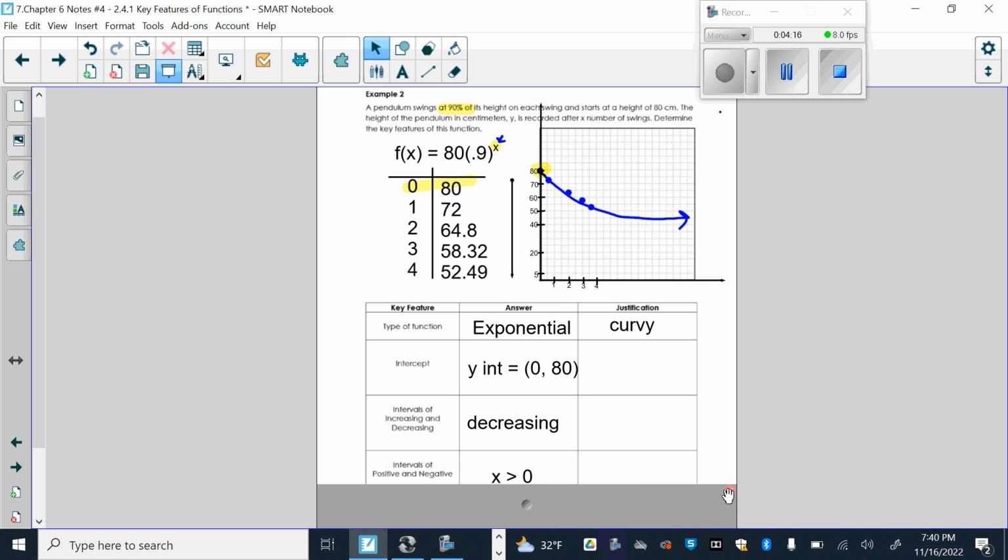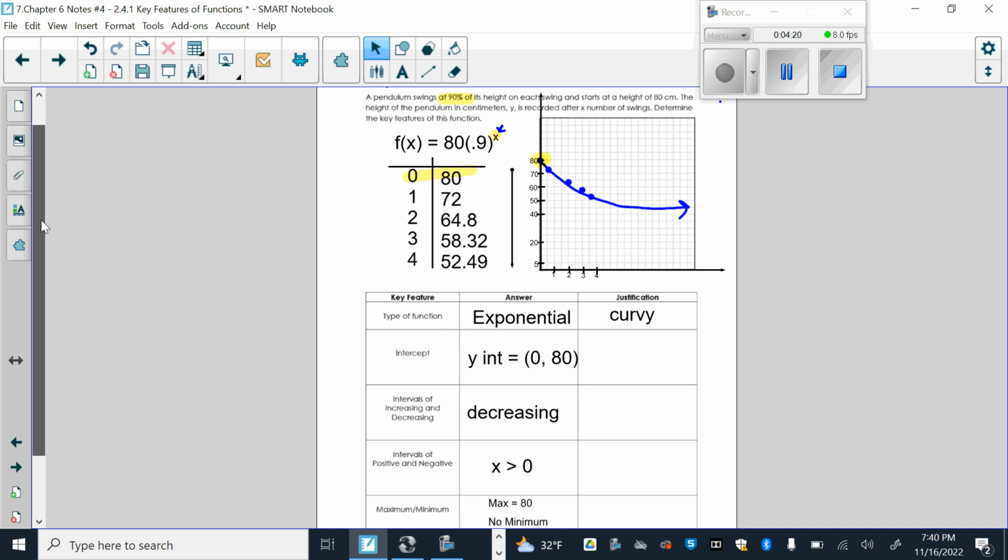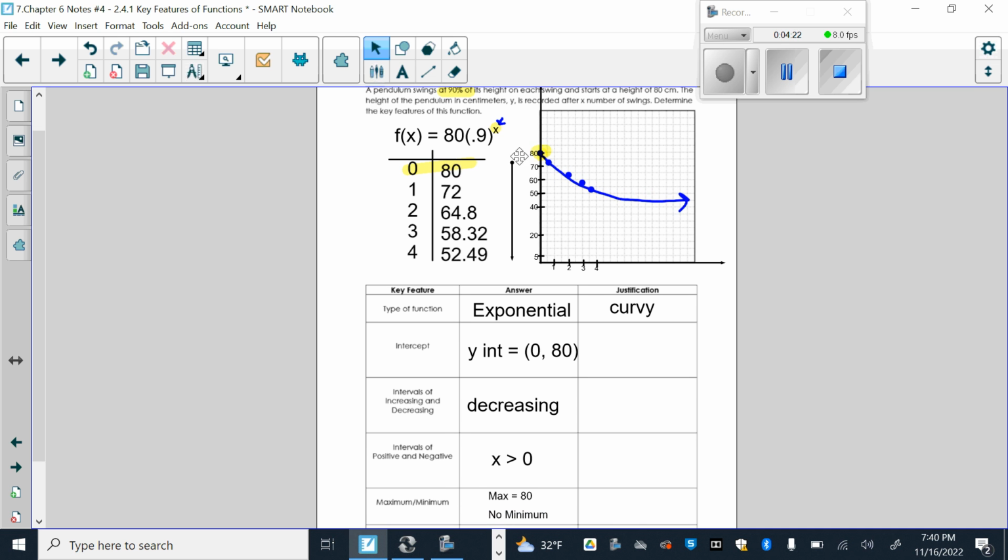So taking a look at our graph here, we can see that we have a maximum height of 80 centimeters. And since it's a decreasing function, 80 will be our maximum. We can also see in our table, 80 is the largest y value. The biggest swing will be 80, and then it decreases from there. And there's no minimum because, again, it's an exponential function. So exponential functions have those asymptotes, so it won't have a minimum.